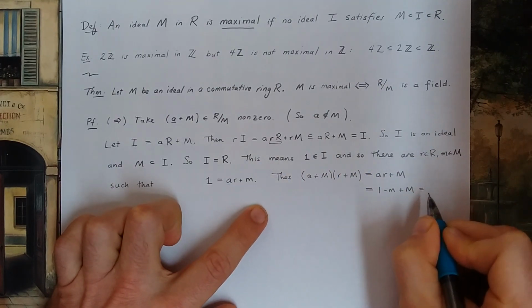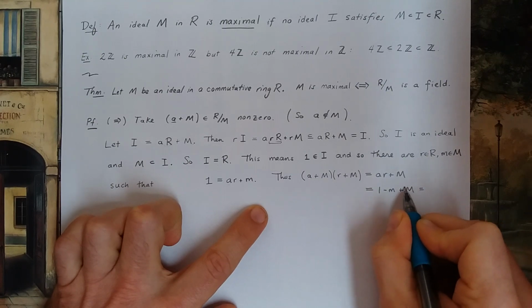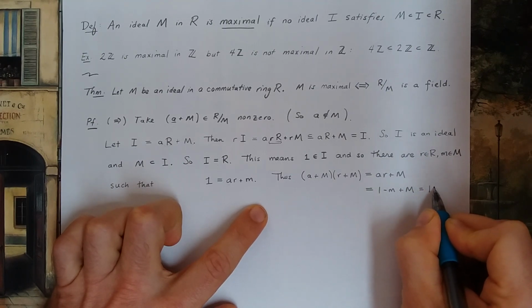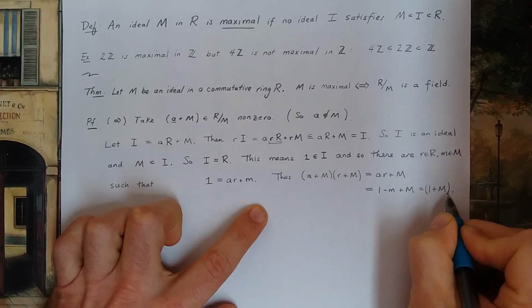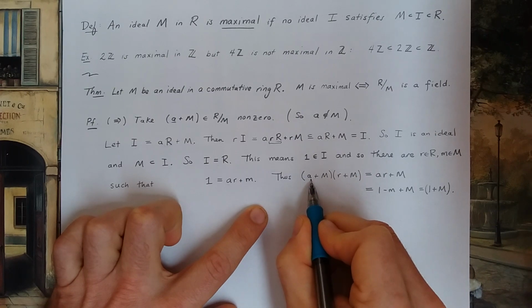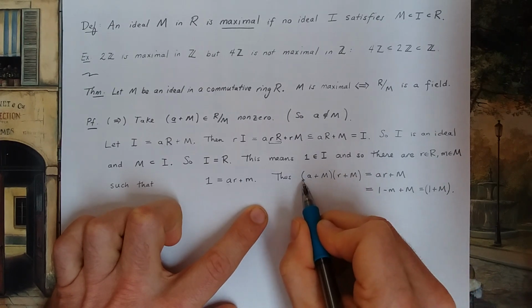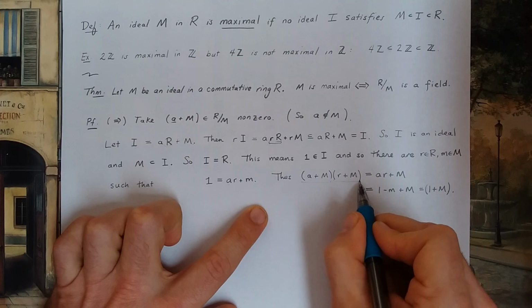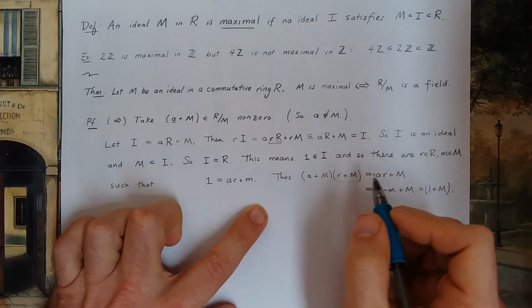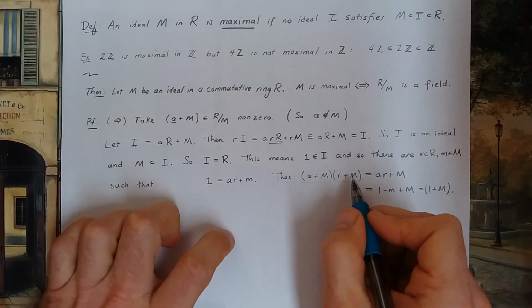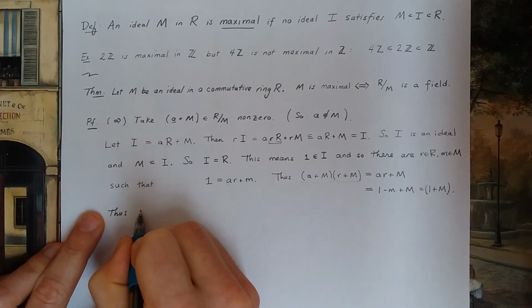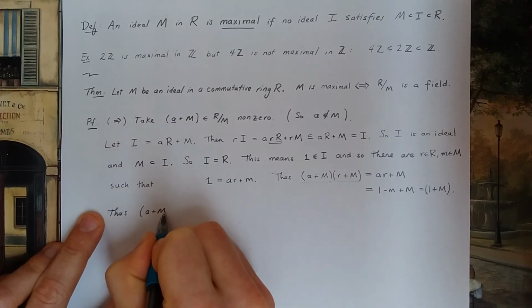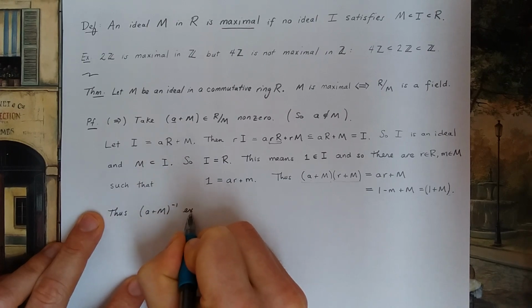And that, since little m is in my set M, is 1 plus M. That is the multiplicative identity in the factor ring. So a plus M, this element, times another element gives me 1. That's an inverse. So thus, a plus M inverse exists.